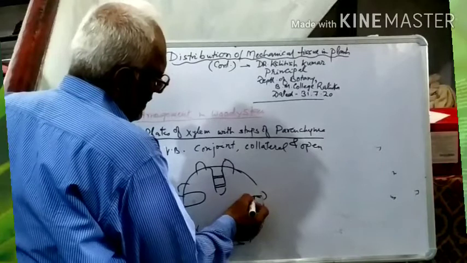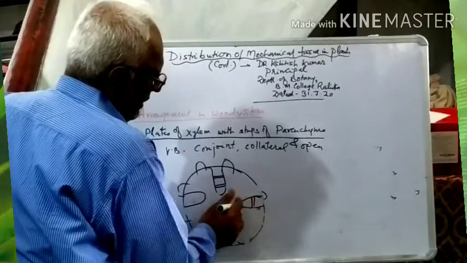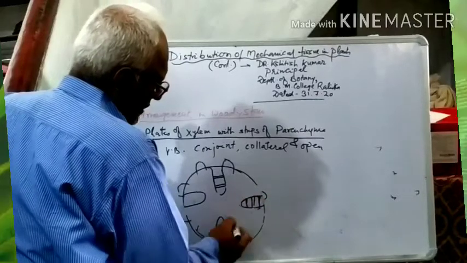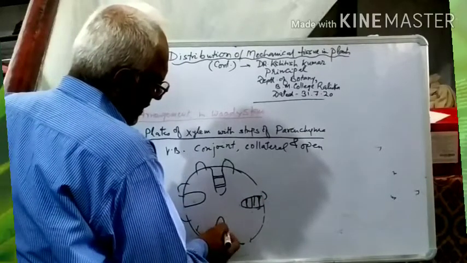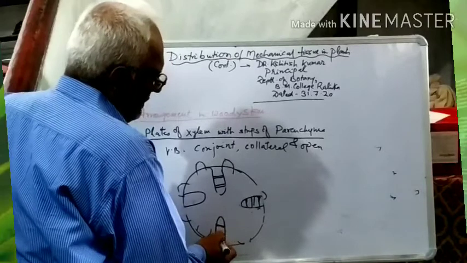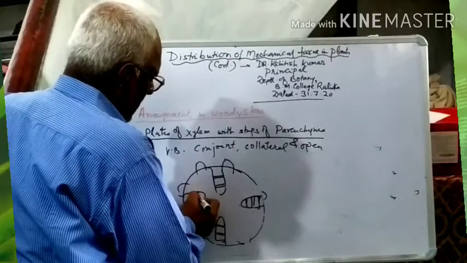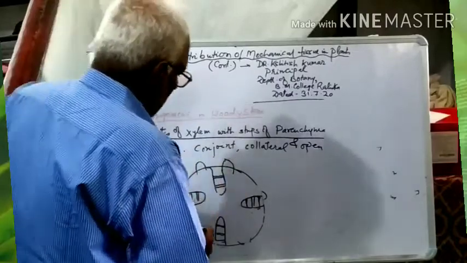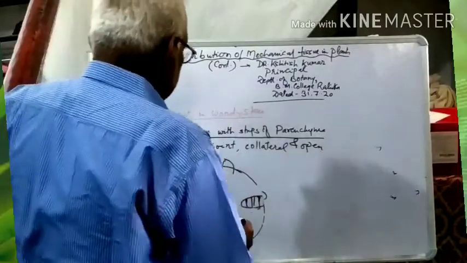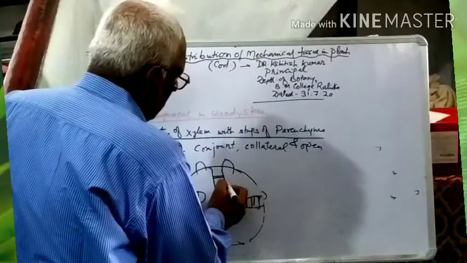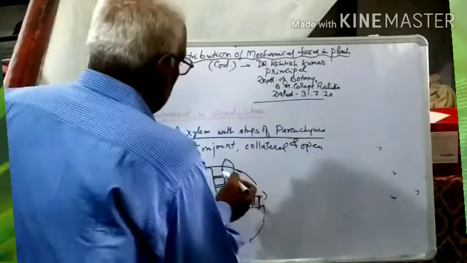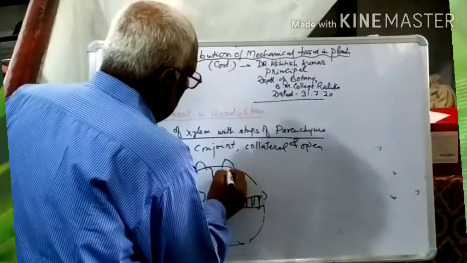These are the patches of sclerenchymatous tissue, that is the fiber that gives flexibility to the plant. Here in between them the xylem is cut.